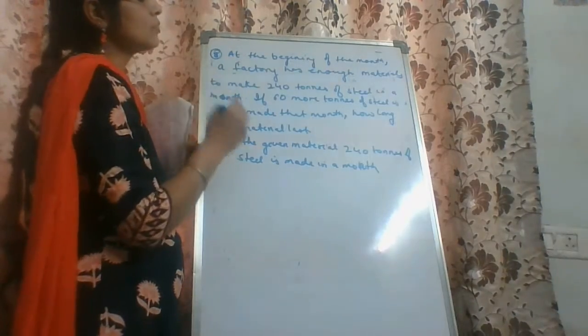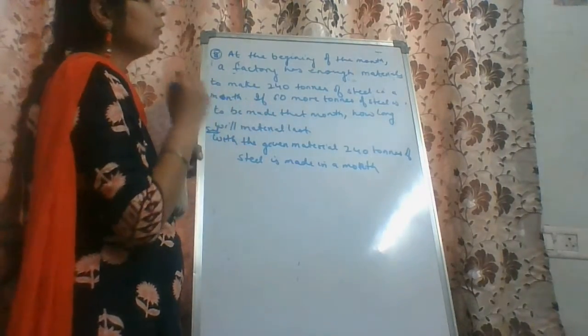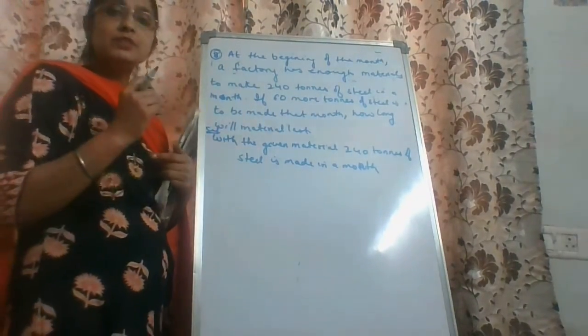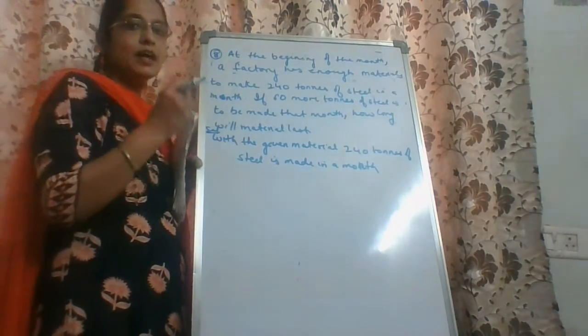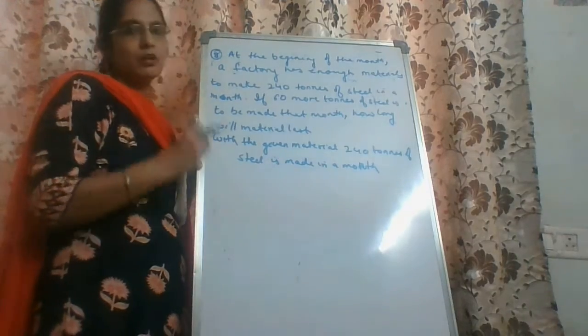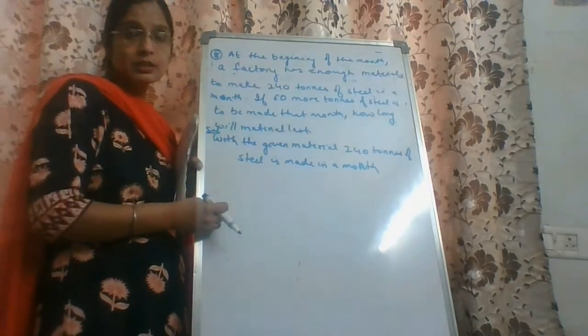Now see, if 60 more tons of steel is to be made that month, how long will the material last? If 60 more tons of steel has to be made, that means every day manufacturing of steel has increased.